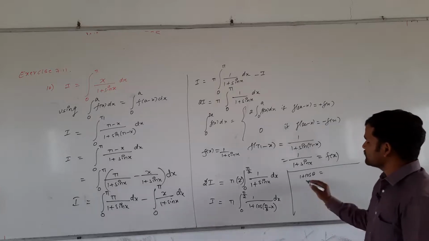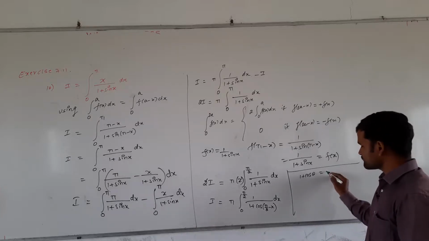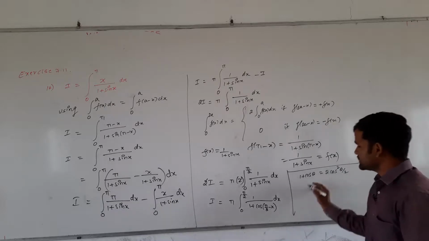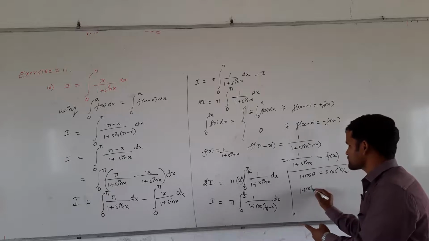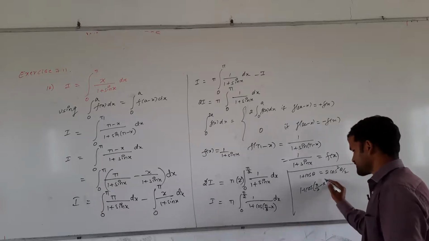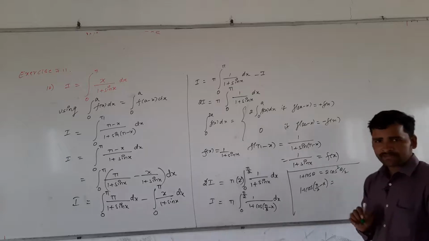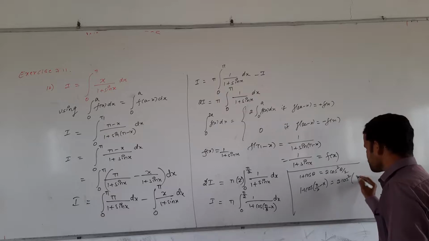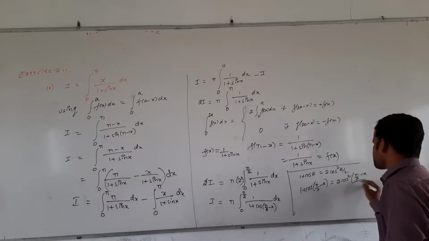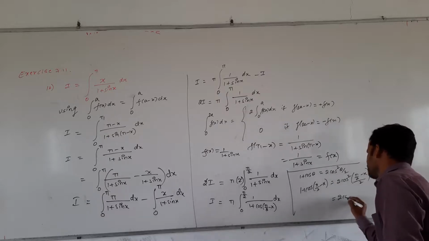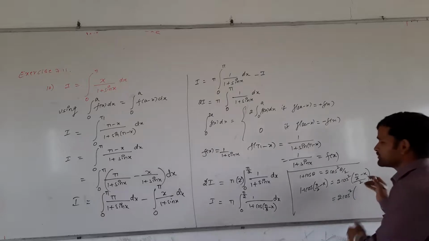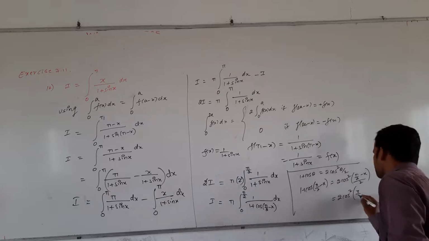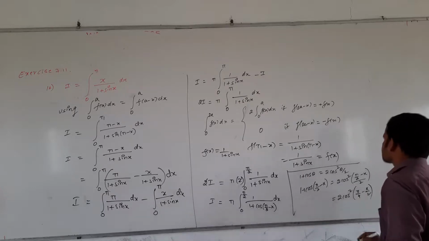In the same way, 1 plus cos theta, half angle formula, becomes 2 times cos square theta by 2. In the same way here, 1 plus cos of pi by 2 minus x, in place of theta what is there? Pi by 2 minus x. We have here 2 times cos square of pi by 2 minus x divided by 2. This is 2 times cos square of, 2 will get divided to both the terms pi by 2 and x. This becomes pi by 4 minus x by 2.